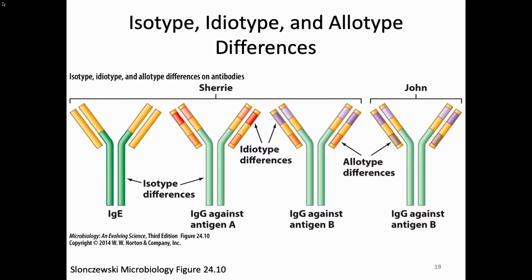You can imagine two antibodies with idiotype differences would be an IgG that binds to HIV and an IgG that binds to Ebola. They just bind to different antigens, but they're both IgG. That's actually all an idiotype difference is. Different variable regions, but both the same isotype.